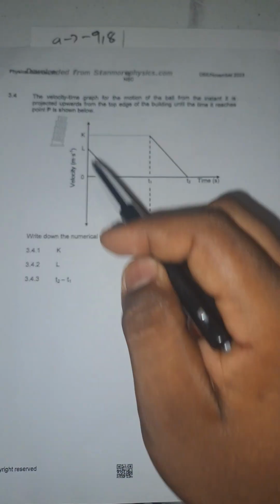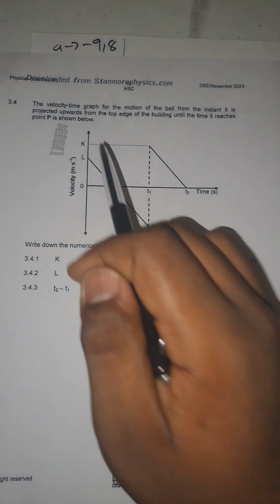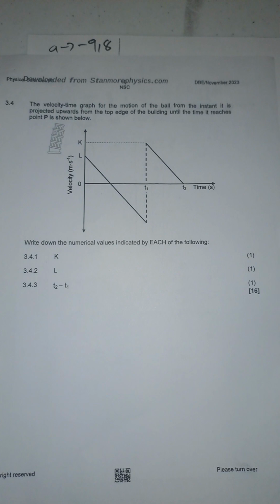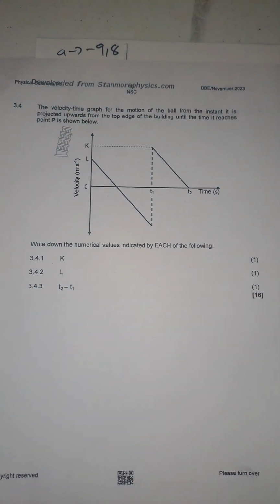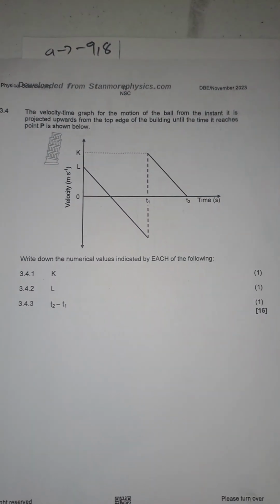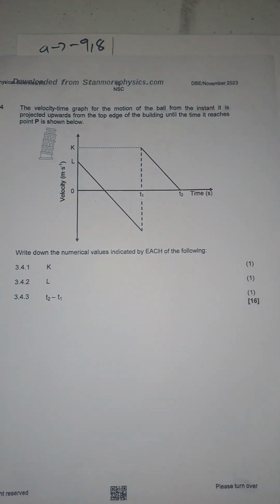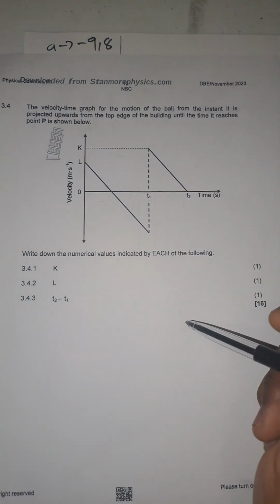Now, this is a velocity-time graph of the whole scenario. The velocity-time graph for the motion of the ball from the instant it is projected upwards from the top edge of a building until the time it reaches point P shown below.